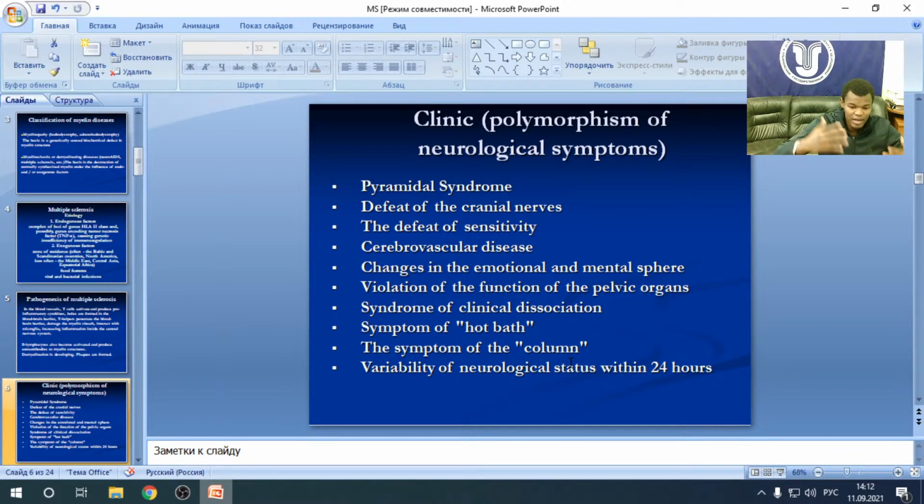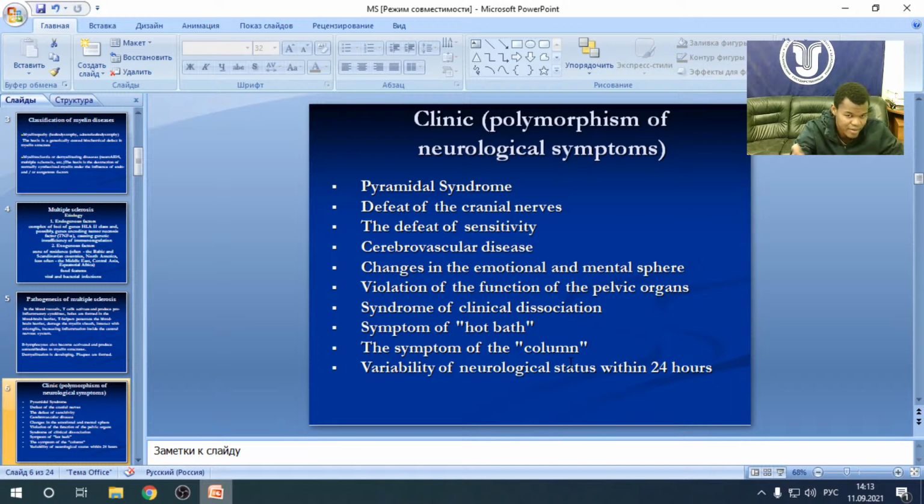When we tell a patient to do this, do that, and as we observe, we see what is happening to the patient. Here there will be a polymorphism of neurological symptoms.